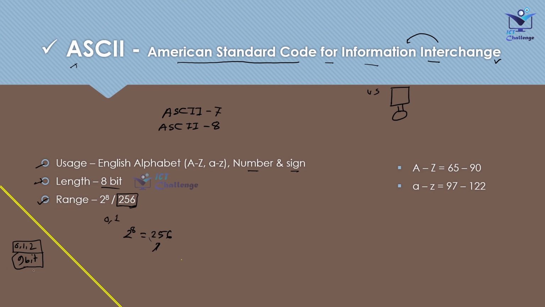So how many letters or how many unique numbers can they have? You can find it like this: you have 3 digits and the length is 9 bits, that means 3 to the power 9. You can calculate this with your calculator, you will get a number.